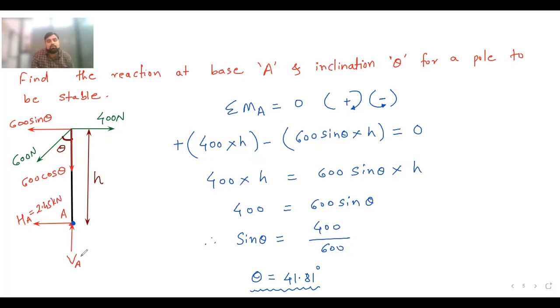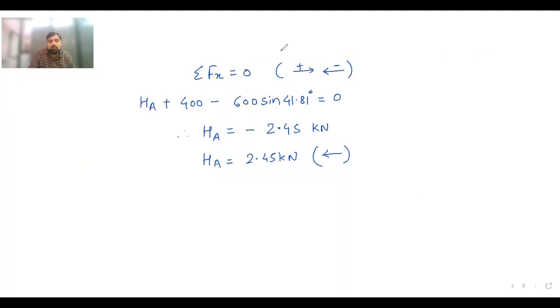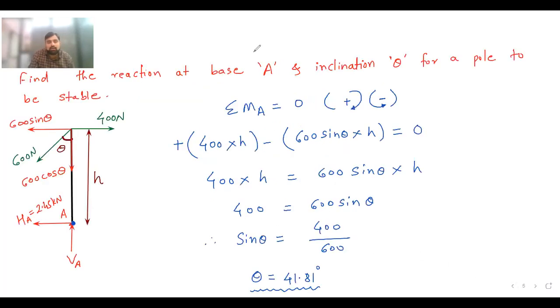Now next, to find out VA, apply summation Fy equal to 0. If I apply summation Fy equal to 0, upward forces are positive and downward forces are negative. Now we will see the diagram. Here in the diagram, Fy means vertical forces. This is VA, it is moving vertically upward.